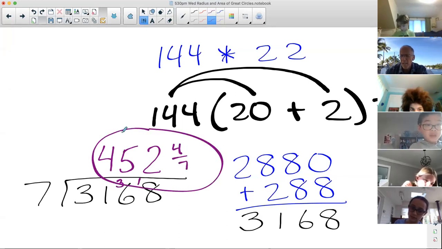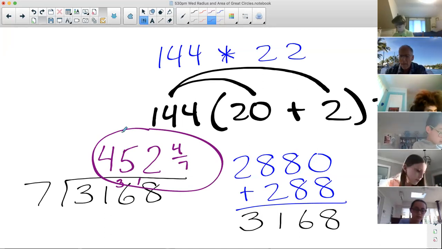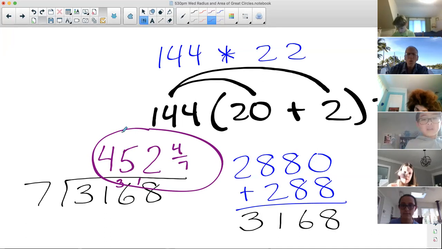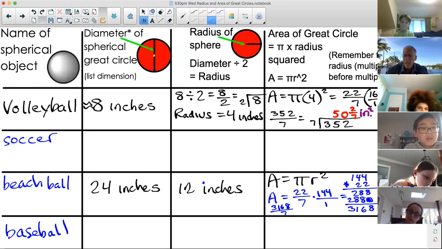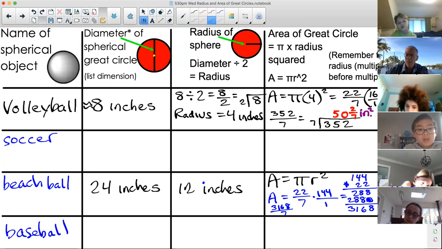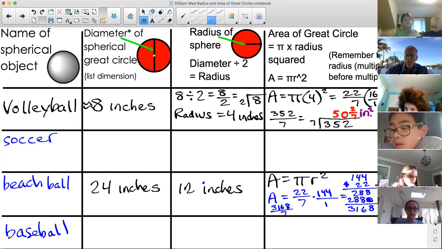And that, everybody, is 452 and 4/7 square inches. That is our final answer.